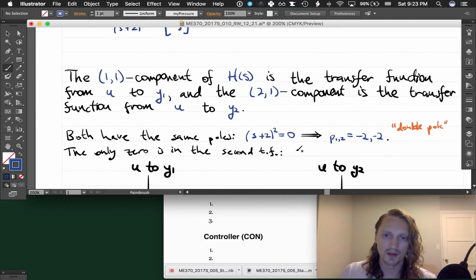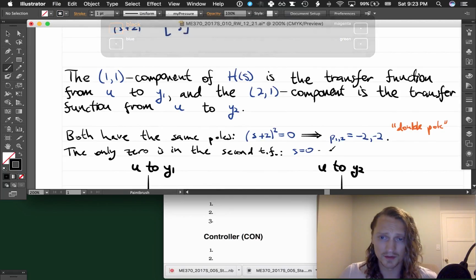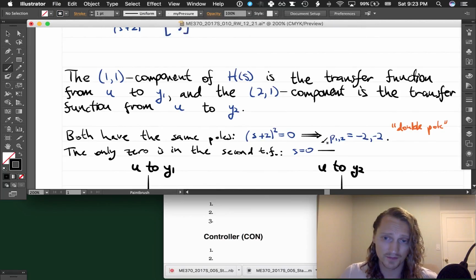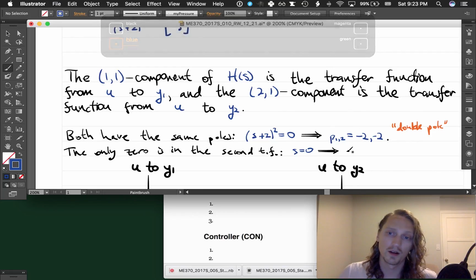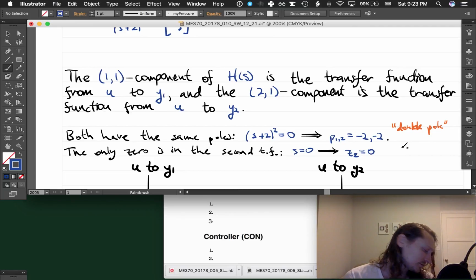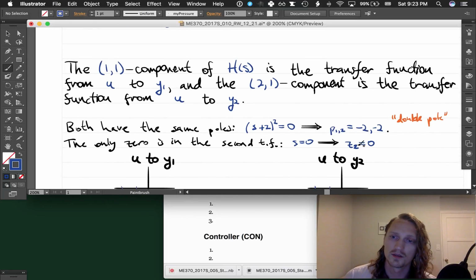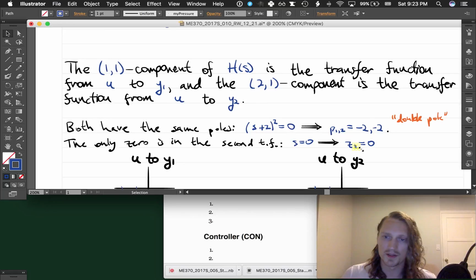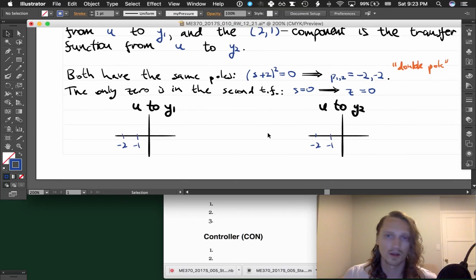That is simply setting s equal to 0, and the value of s that satisfies this equation, by golly, is just zero. I'll just call it Z. There's only one zero, so Z = 0.